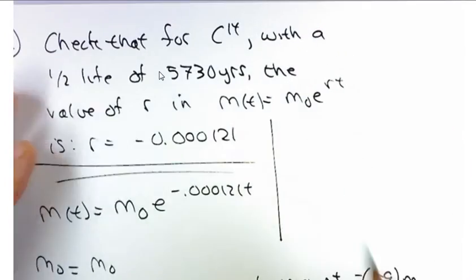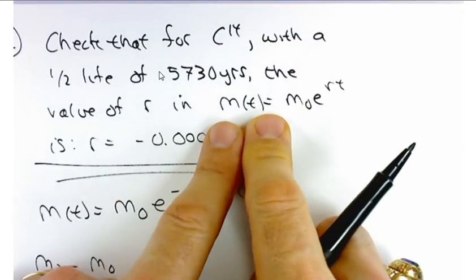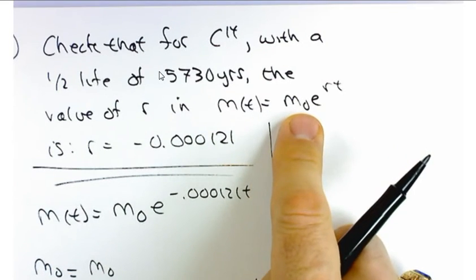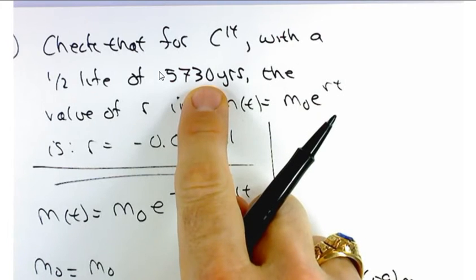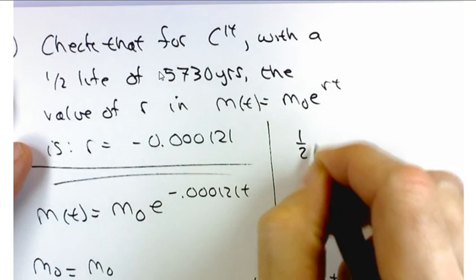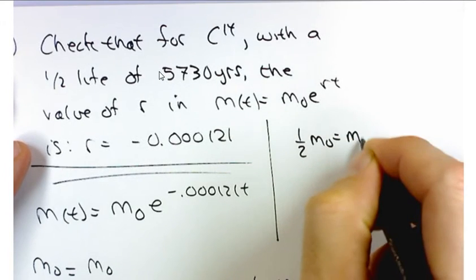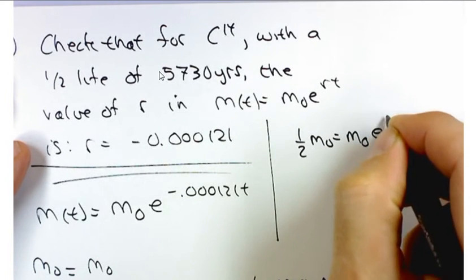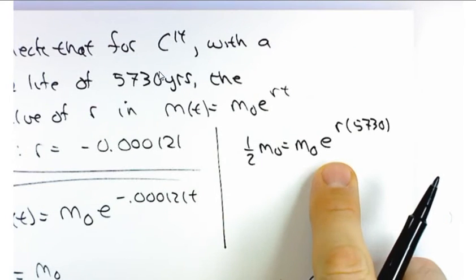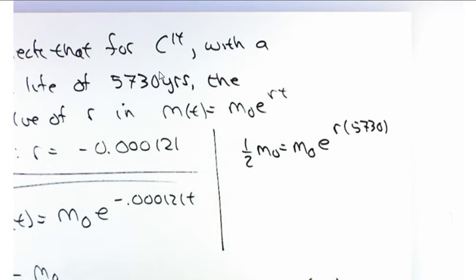So another problem that you could solve would be 1/2 m sub 0 equals m sub 0 e to the r times 5,730. So solving that will show you how you get r. Because just like the one we just did, the m sub zeros are going to cancel. So there's an extra step in this problem beyond what I gave you.